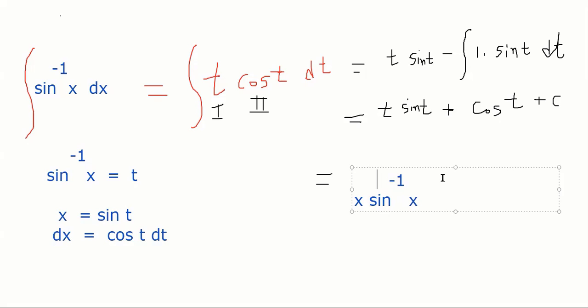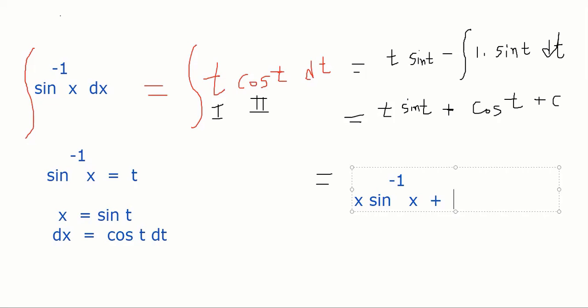Now the interesting thing is how you write cos t, guys. Plus cos t. How will you write cos t? Because I don't want t in my answer, finally we need only x, right? You know x equals sin t. So what will cos t be? You know sin square plus cos square equals 1, or cos square equals 1 minus sin square.